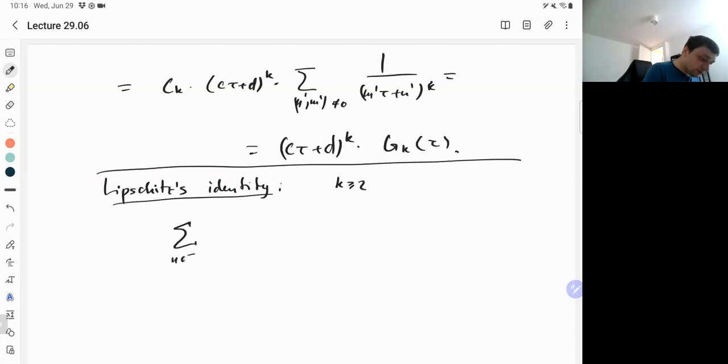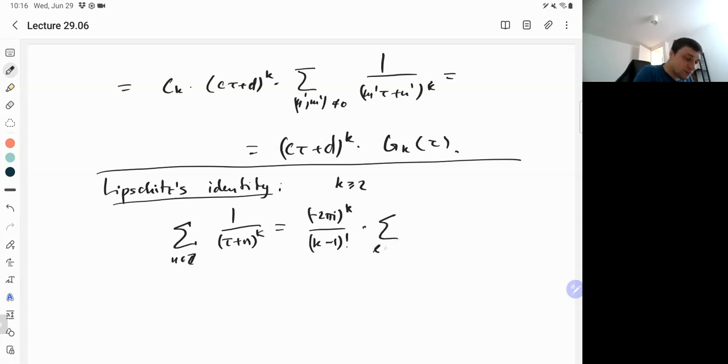the sum over all integers n of 1 over (τ+n)^k is equal to (-2πi)^k divided by (k-1)!, so it's almost the inverse of the constant that we were using, times the sum over l from 1 to infinity of l^(k-1) q^l.